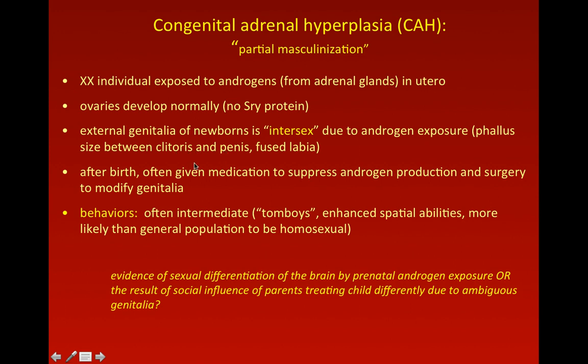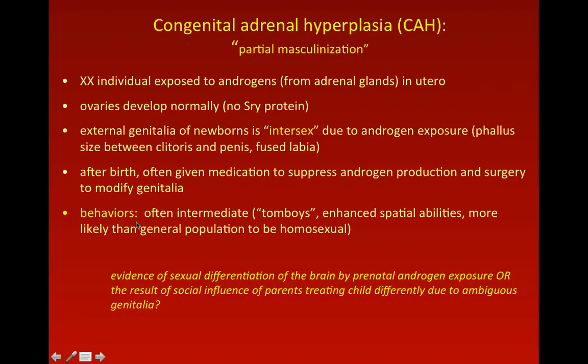The penis and the clitoris come from the same tissue embryologically, but you get something in between, a phallus, which is an in-between size, and other kinds of intersex external genitalia. And so after birth, these individuals often get surgery to modify the genitalia, and they're given medication to suppress androgen production from their own adrenal glands so that you don't get further masculinization.